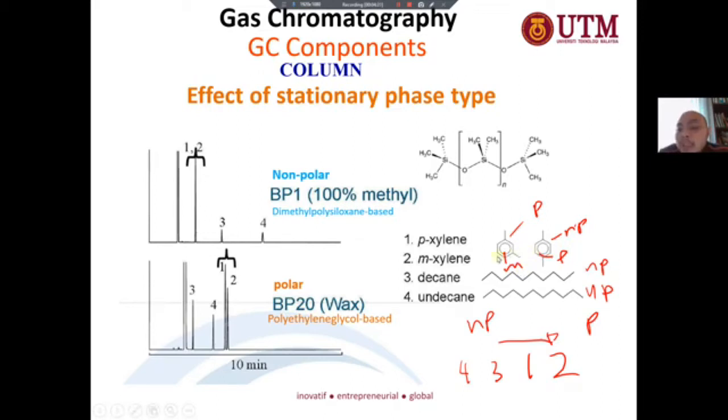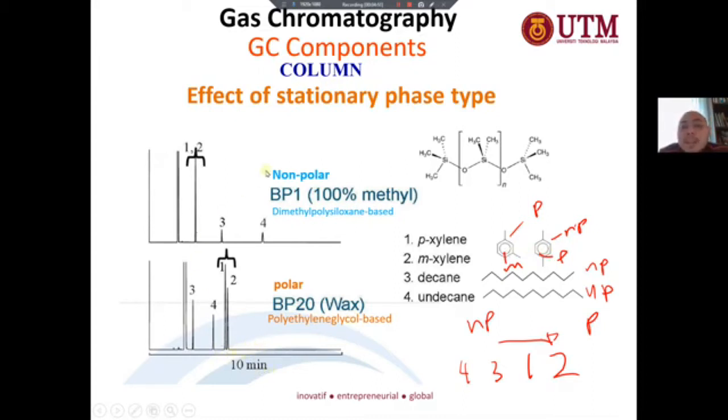So based on the polarity, m-xylene is a little bit polar, so it will be retained a little bit longer compared to p-xylene or para-xylene. Number 1, para-xylene, is non-polar compared to the meta-xylene, so it will elute earlier than the meta-xylene, which is retained.